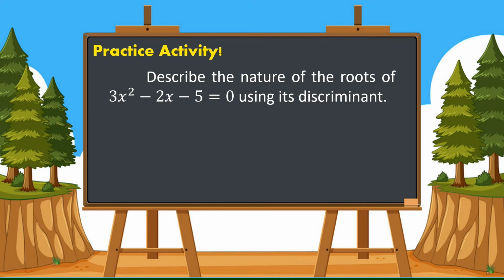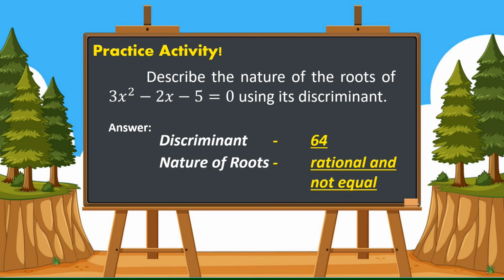I will give you a minute to accomplish the task. Time's up. Let us now check your answers. Our discriminant is 64, and 64 is a perfect square. Therefore, the nature of the roots is rational and not equal.